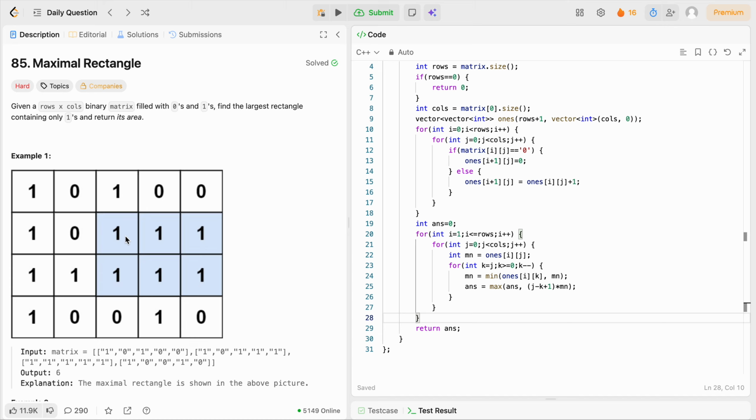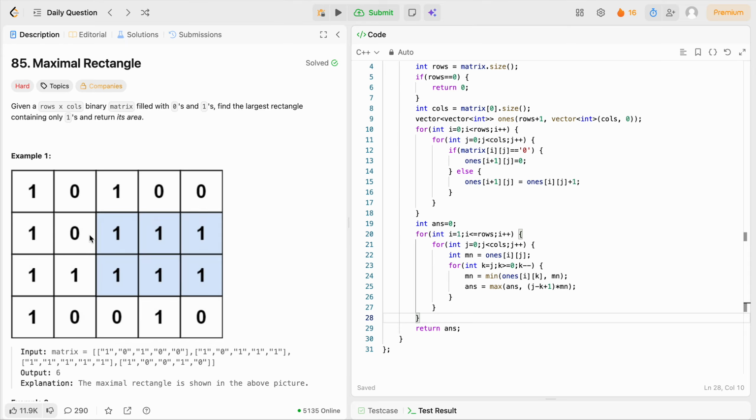For example, if we are here, then the area is only 1 till here, and if we go on this direction, then the rectangle becomes this with area 2, and then here it becomes 0, right?